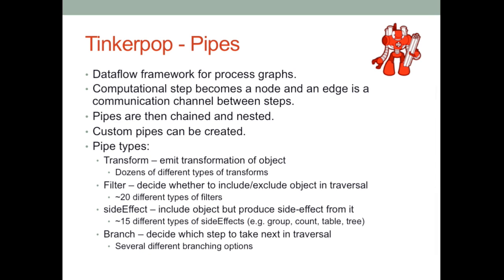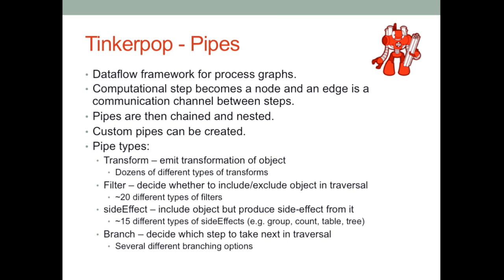Tinkerpop pipes. I don't have much experience working directly at this level. I just have a conceptual understanding, and I think that's okay because hopefully people are working at a higher DSL Gremlin layer. But it's there. It's an API you can use, and it has constructs like transformation, filtering, and side effects, where once you find a node, you can make changes to it as you're going, deciding how you want to branch as you're traversing.